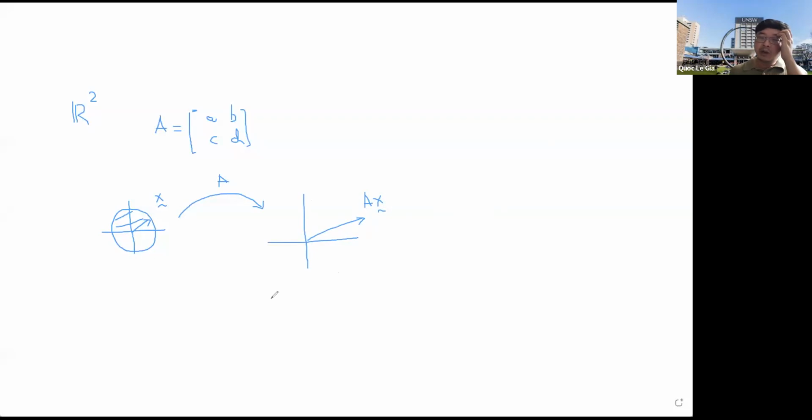Okay, so my question to you is, suppose I take every point in the unit circle and I map it into the range of the linear transformation. Then what is the picture? What is the picture of the range?